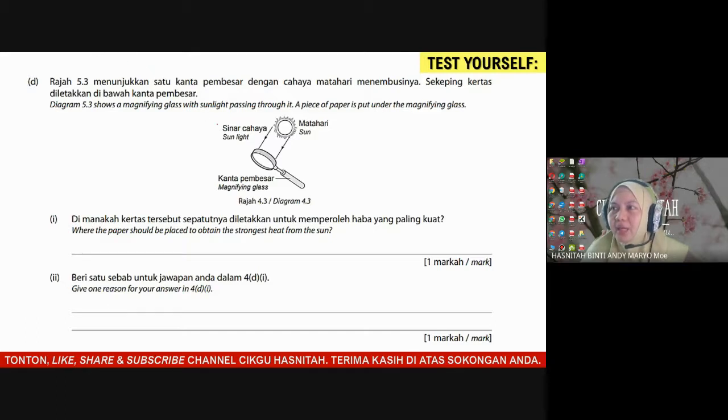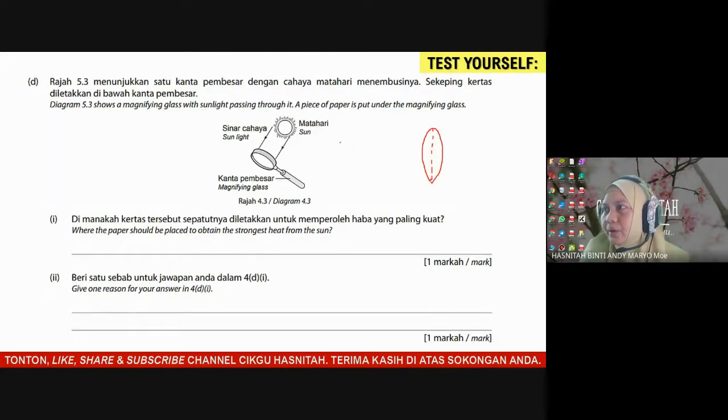Is the magnifying glass made of convex or concave lens, students? Our magnifying glass is made of a convex lens. If you draw it from the side, this is the convex lens, and this is the axis.